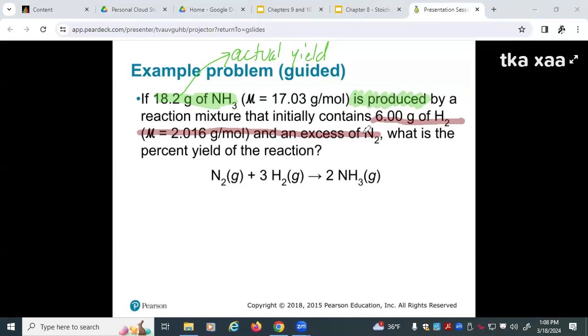Judging by what we talked about on Friday, ordinarily, I'd have to do a limiting reactant kind of calculation to figure out which one was going to give me the theoretical yield. But since I'm told that this one is an excess, what that tells me is that the 6 grams of hydrogen, that's my limiting reactant.